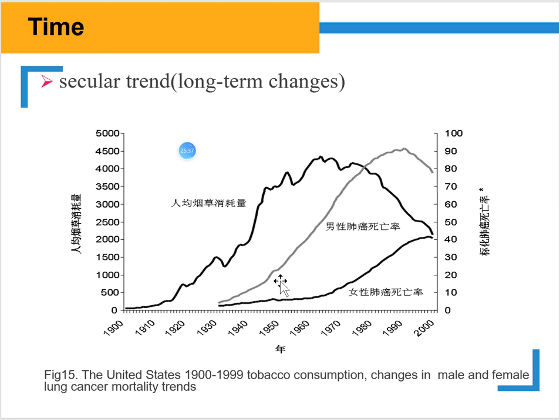There were the same trends between tobacco consumption and the mortality of lung cancer in male and female, especially in male, during 100 years. Maybe there is an association between tobacco consumption and death from lung cancer. Maybe tobacco is a cause of lung cancer.